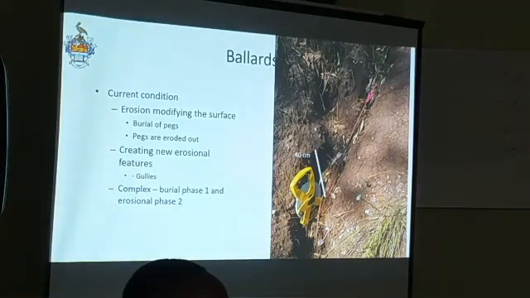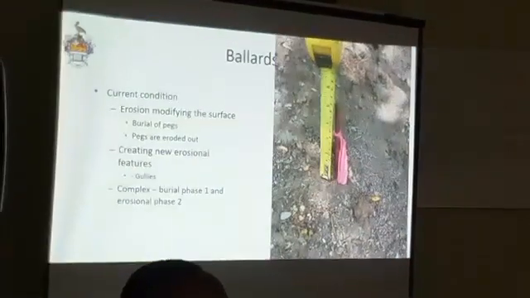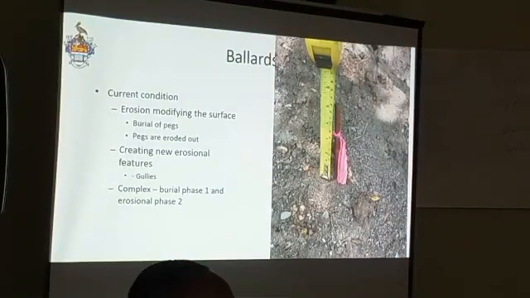And you're getting deep gullies really being formed in artistite. Also you have burials of the pegs. Even though they are on the same slope, the material is coming on and the pegs are being buried. So this one is almost close to being buried.